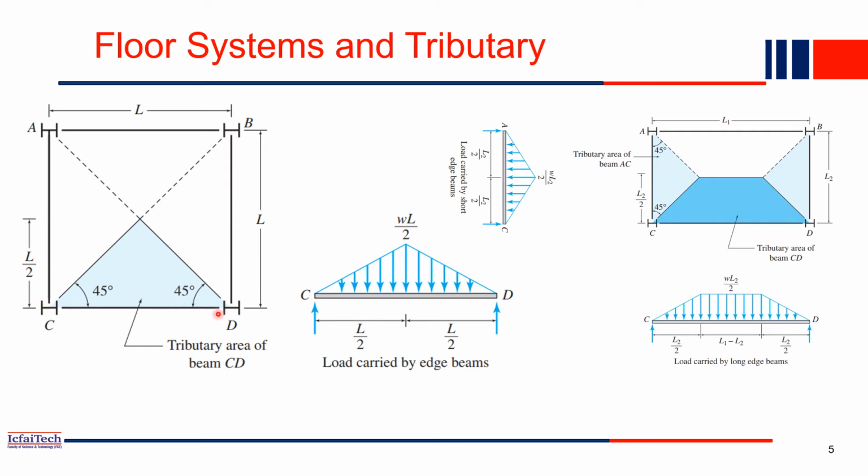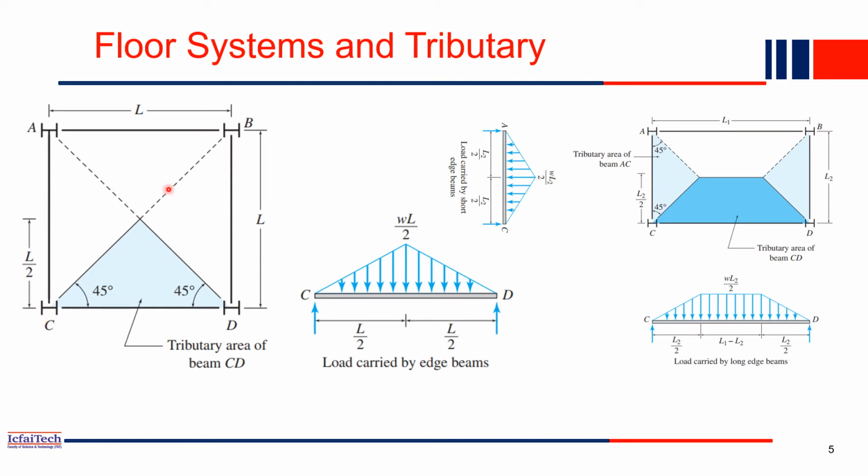If you see, this is a slab, a square slab. People are standing here, maybe some furniture is also there, TV, fridge, many things may be there on this floor. So now how much load will go to this beam, how much to this beam, how much to this, and how much to this? How do you calculate?